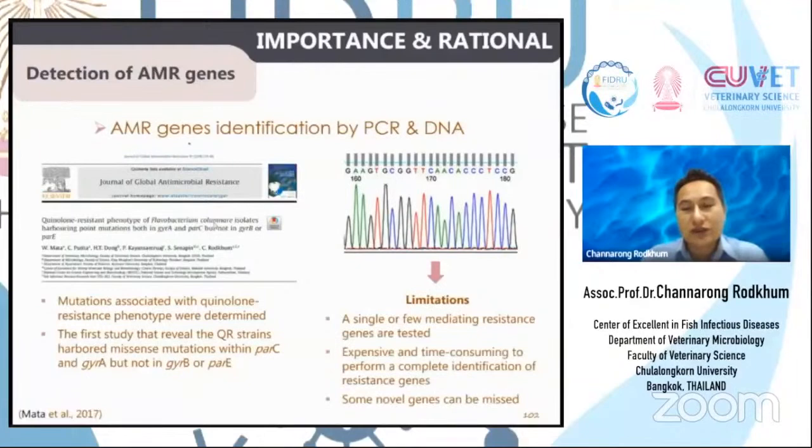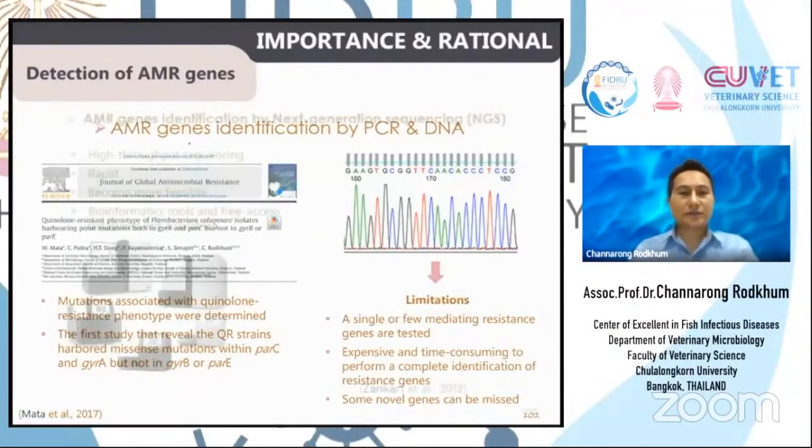If we would like to identify AMR genes in all the strains that we have, it's a little bit expensive and time consuming to perform a complete identification of resistance genes. And some novel genes can be missed if we use DNA sequencing techniques to find the mutation or the AMR gene like this.